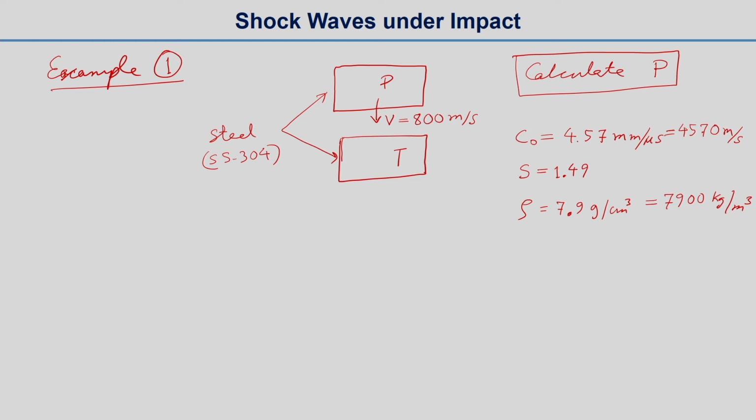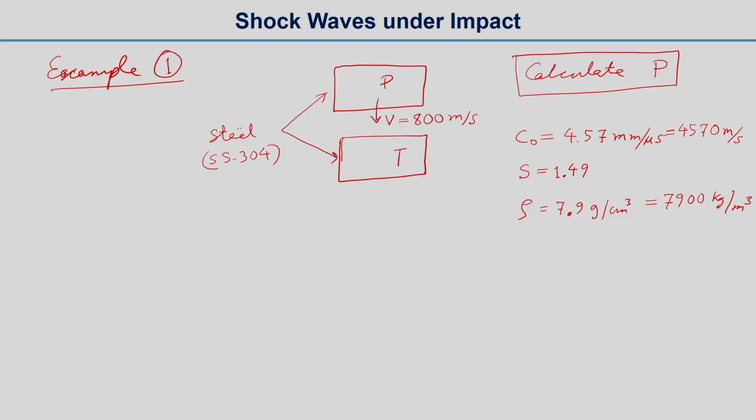In the last lecture we derived that for an impact where the projectile and the target are the same material, the particle velocity UP is equal to half of V, the impact velocity.